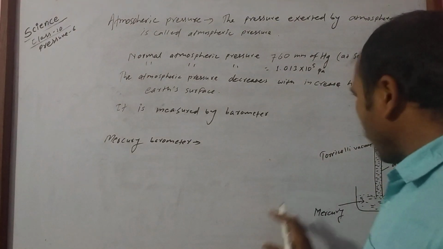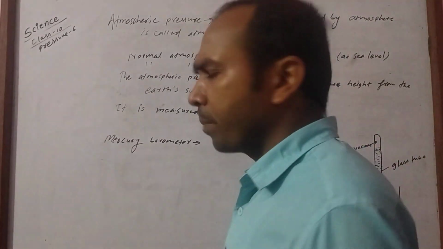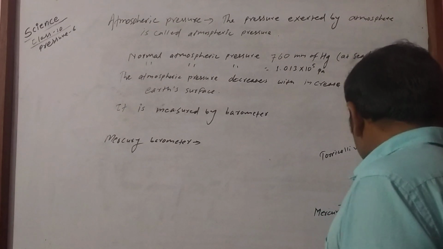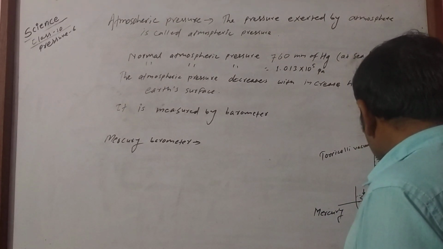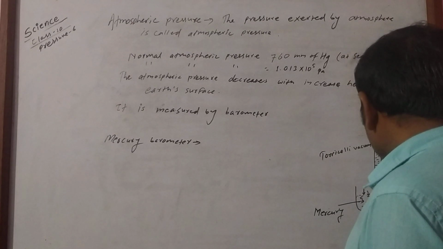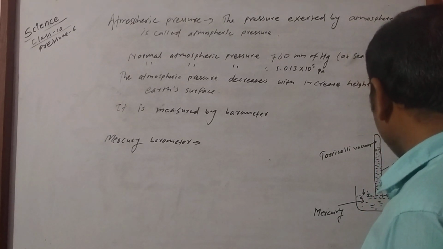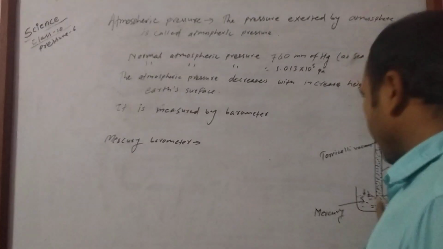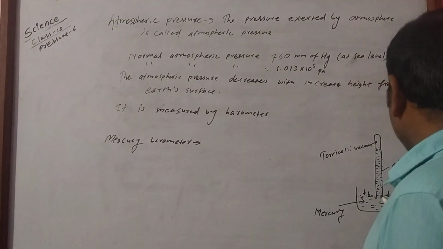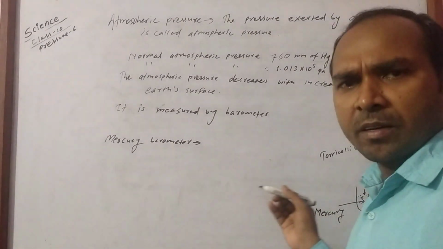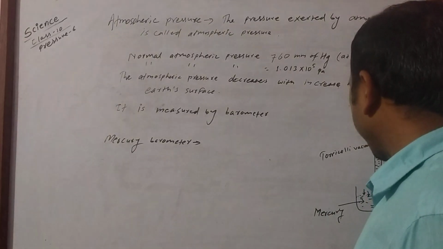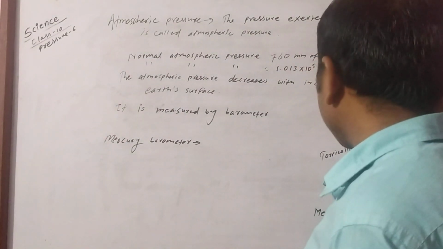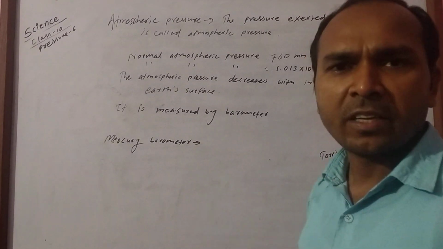How is the atmospheric pressure measured by a mercury barometer? Here, mercury is filled inside the vessel and a glass tube is inverted. When the atmospheric pressure acts on the mercury, the mercury column rises in the glass tube, and by the rise or fall of the mercury column the atmospheric pressure is measured.